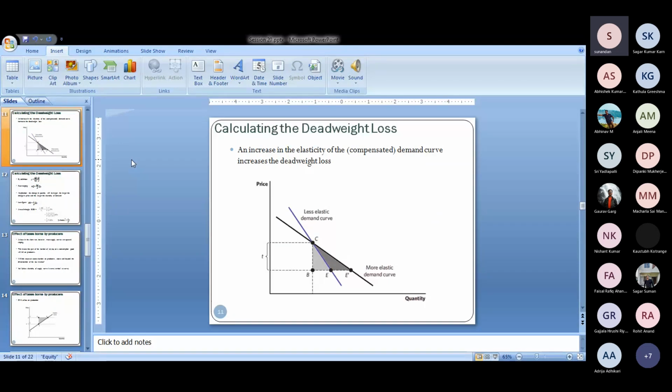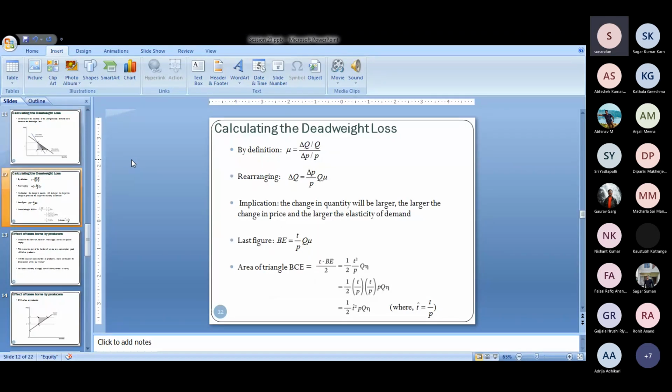Let's consider BE as the reduction in quantity which happened due to the tax rate, because initially we're consuming at E, and after the tax we're consuming at C. So the amount of quantity you have reduced due to the introduction of the tax is the length BE. Now what is BE? It is basically the delta Q. What is the delta P here? The tax rate T. So we can say BE is nothing but T by P into Q into the elasticity mu.